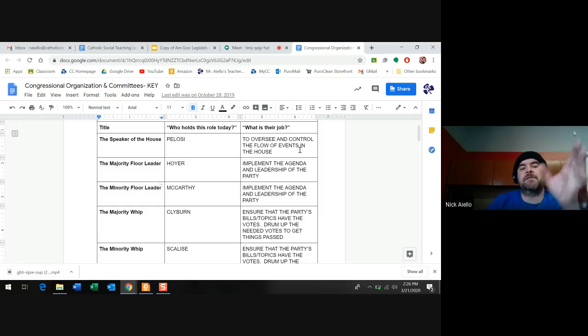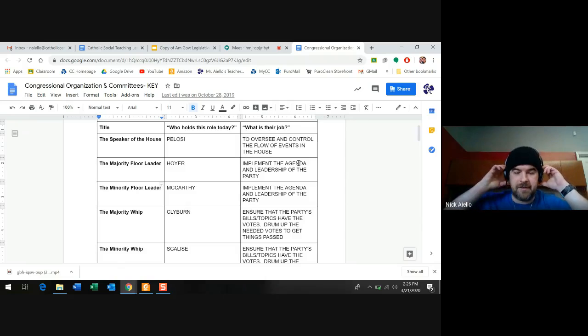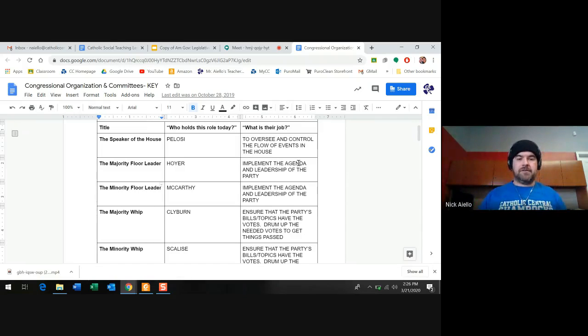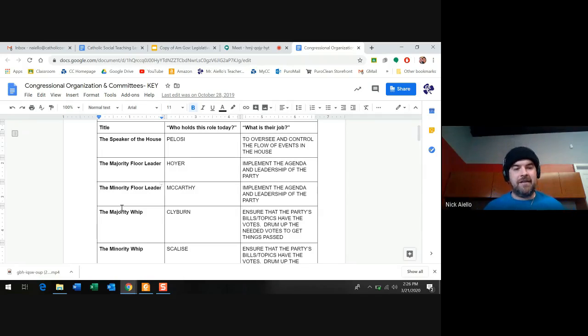So, Speaker of the House, we know is Nancy Pelosi. Her primary responsibility is to oversee and control the flow of the events in the House, as far as who gets to talk, when they get to talk, so on and so forth. Your majority and minority floor leaders are important in the sense that they organize their specific parties.